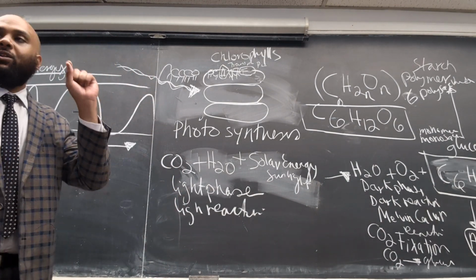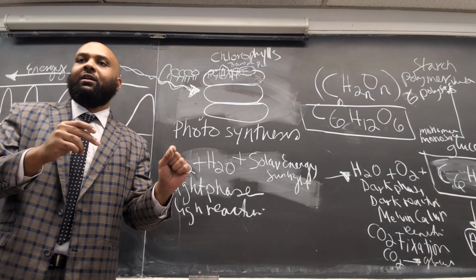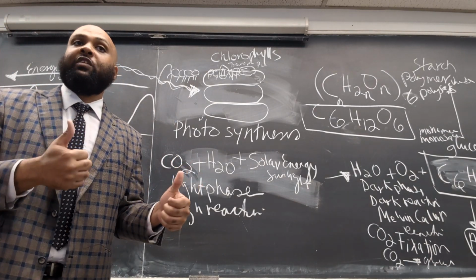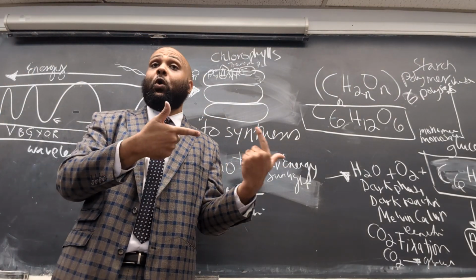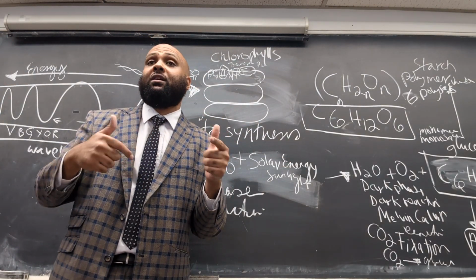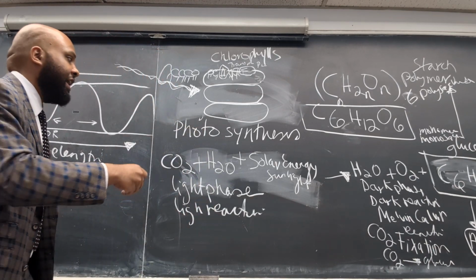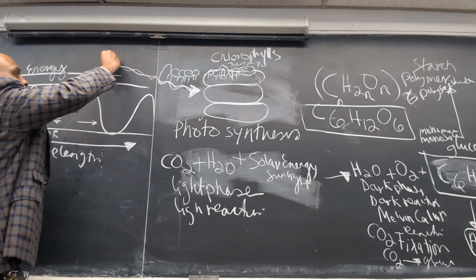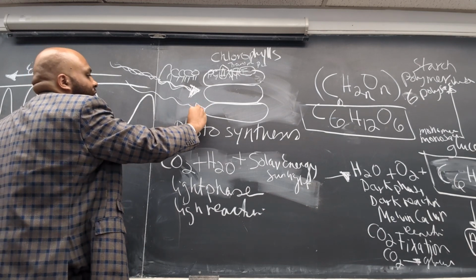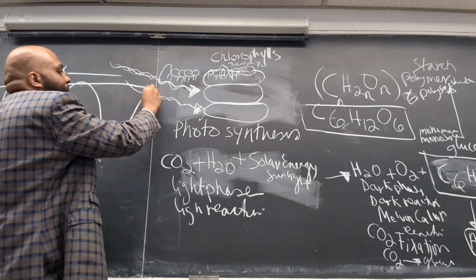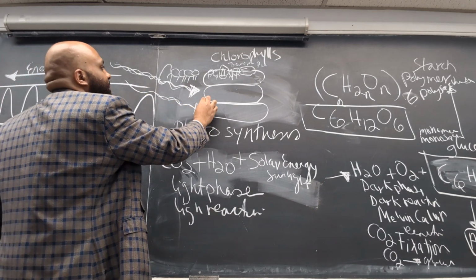So the plants look yellow and green because they reflect different colors, but they absorb colors that are different than the colors that they reflect. So now what's going to happen is when you project light to the chlorophylls, the electrons are going to jump up.